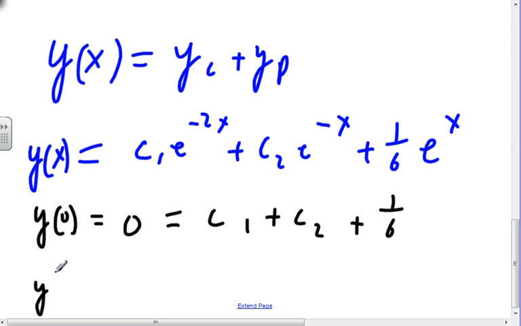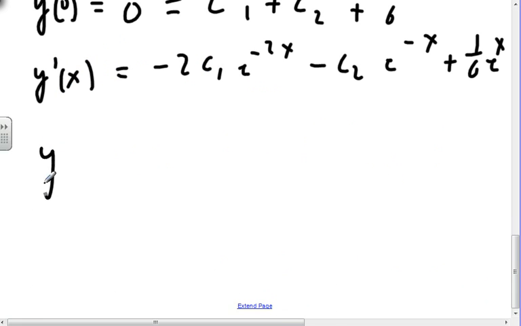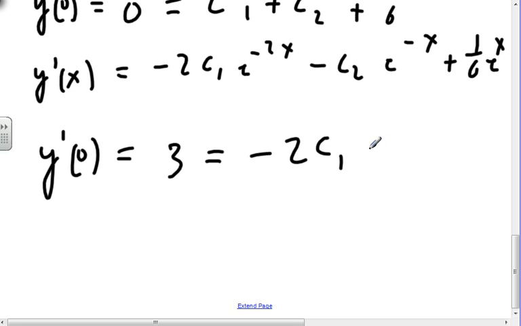Okay, y prime of x is minus 2 C1 e to the minus 2x, minus C2 e to the minus x, plus 1/6 e to the x, and y prime at 0 is 0, which is minus 2c1 minus c2 plus 1/6.